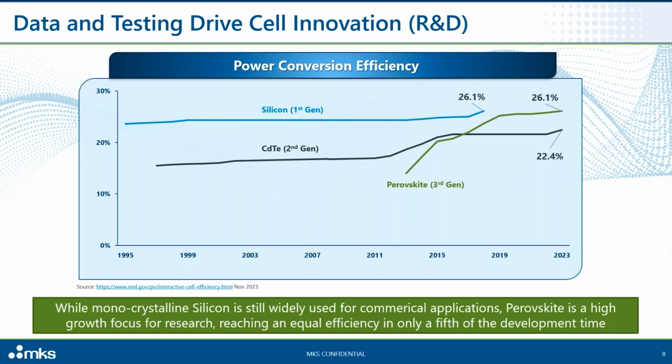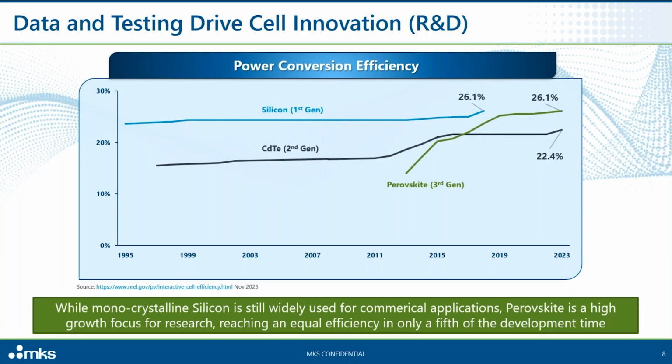I've selected 3 within their interactive chart just for simplicity, showing base silicon first generation cells, cadmium telluride representing the second generation cells, and perovskites as the third generation. There are obviously many factors that have combinations of technologies, tandem cell technologies, multi-junction technologies, but these 3 have been selected for simplicity.